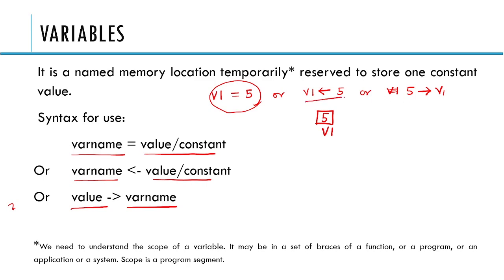That means if you ask an R programmer to create a variable, they will use this syntax. And in many cases, this syntax is very much fruitful in declaring variables, objects, and so on. Okay, so I will suggest you to go through this particular creation of variable.